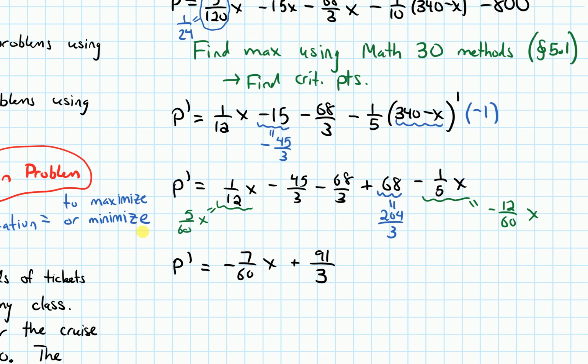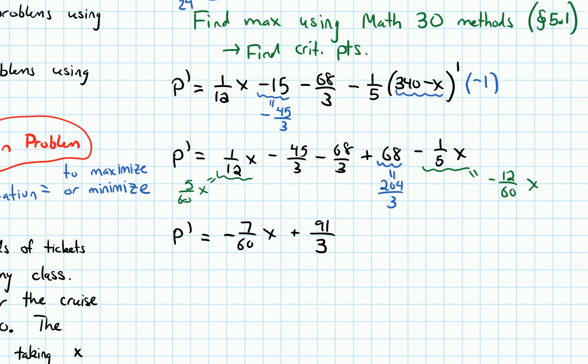All right, so we're finding critical points. The next thing we need to do is set our derivative equal to 0. Let's write that a little better. Set our derivative equal to 0. That gives us negative 7 over 60 x plus 91 over 3 equals 0.